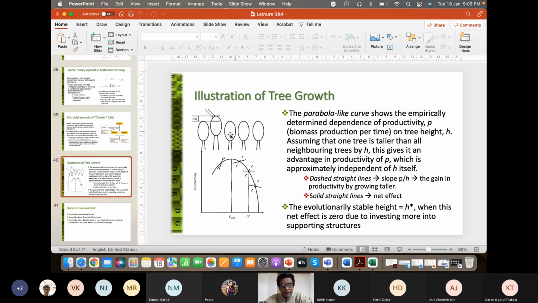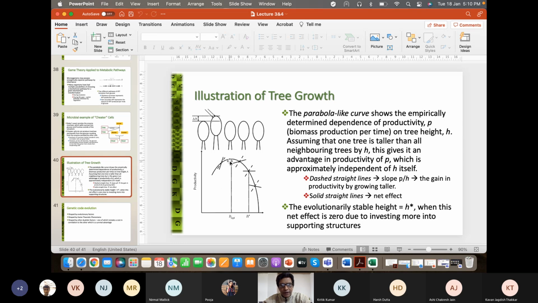Over a period of time, the gain that they find will get transmitted to the other trees, and that will force all the other trees to grow to a certain height, and you'll find that there is an advantage only up to a certain height, which is called the H optimum.